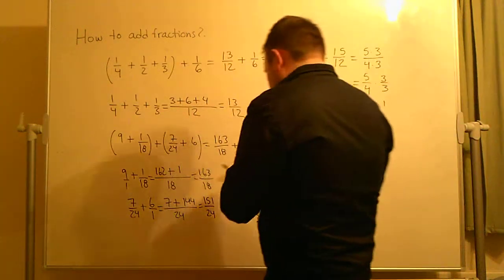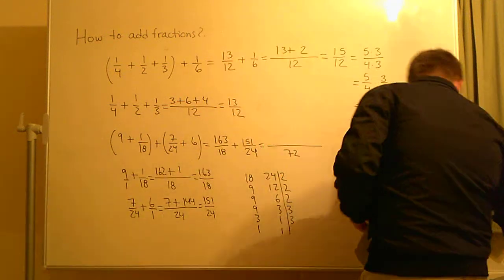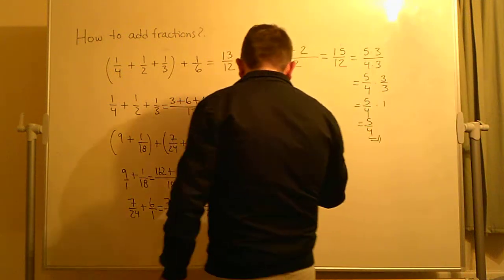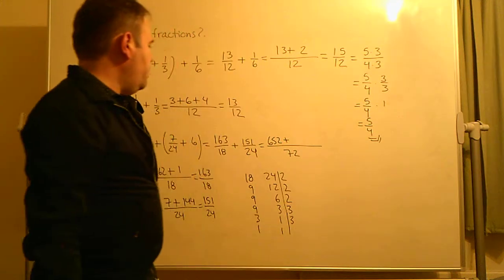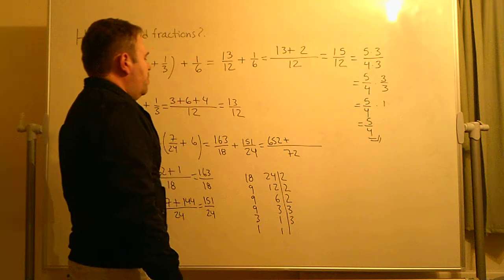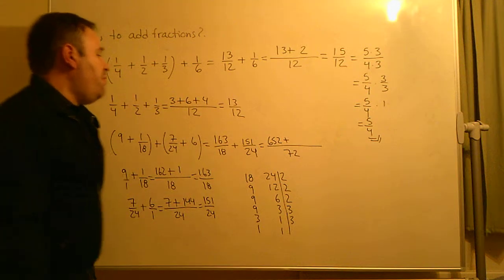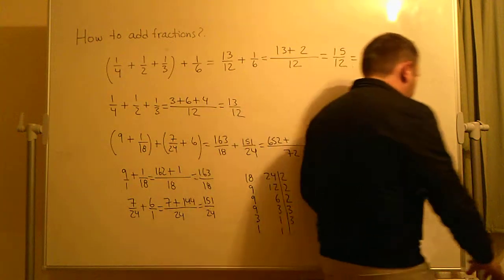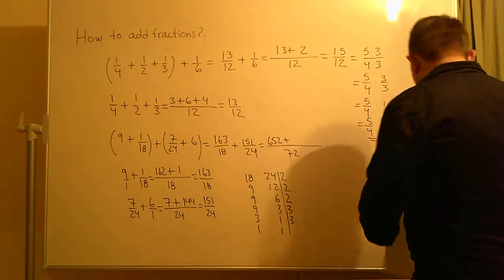Let's see. Yeah, 652. Then 72 divided by 24 is 3 times 151, which would be 453, I believe. Yeah.